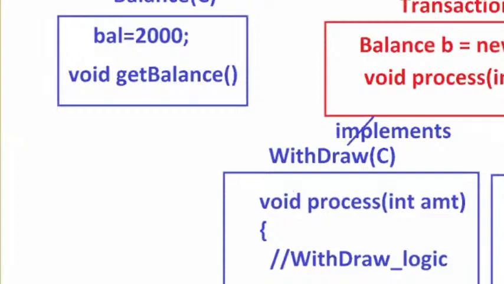Deposit logic. Like your addition and subtraction, right? So two implementation classes, one check PIN number class, one Balance class.